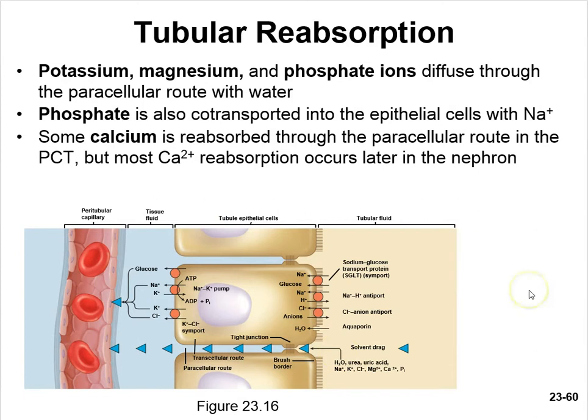Potassium, magnesium, and phosphate ions diffuse through the paracellular route with water. Phosphate is also co-transported into the epithelial cells with sodium, and some calcium is reabsorbed through the paracellular route in the proximal convoluted tubule, but most calcium reabsorption occurs later in the nephron.